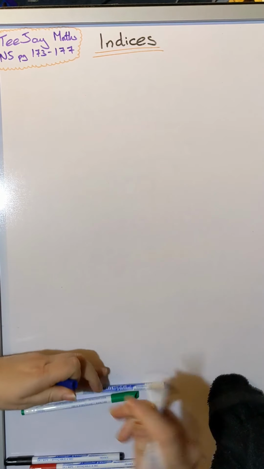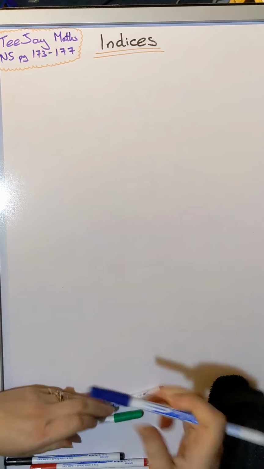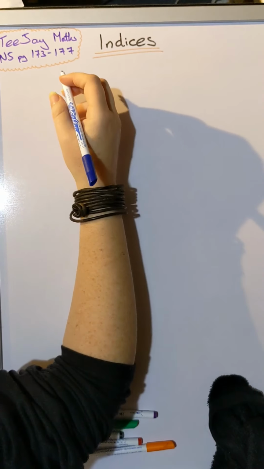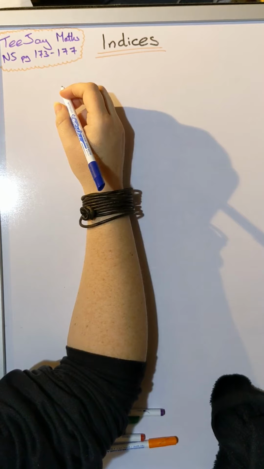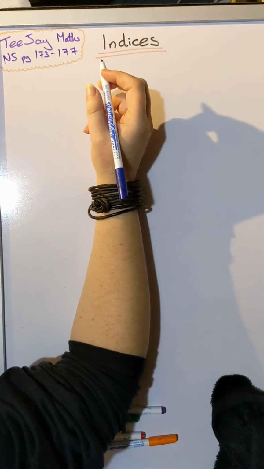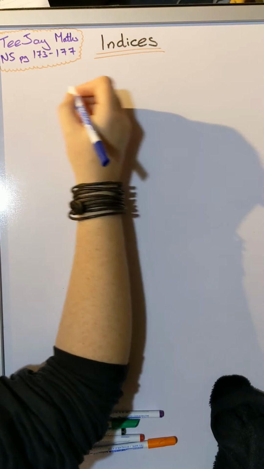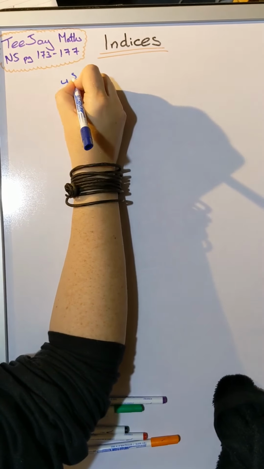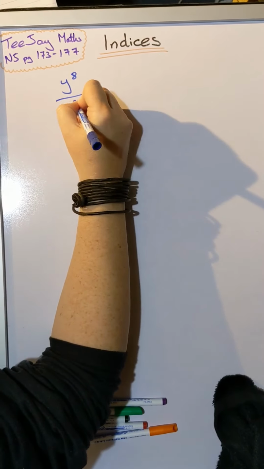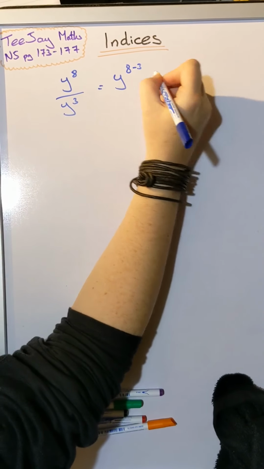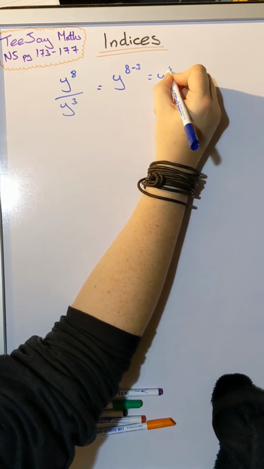So, just want to show you how to use that one a little bit. If we have y to the 8 over y to the 3, we have y to the 8 minus 3, which is y to the 5.